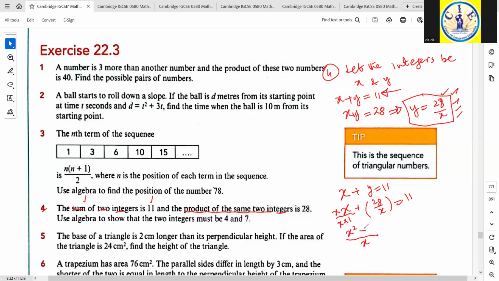In the numerator, this is x squared plus 28, equal to 11x. So x squared, shifting this to this side. So this is the quadratic equation now. We need to solve it.